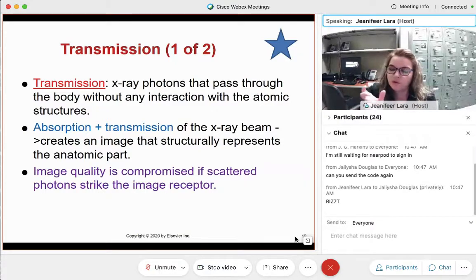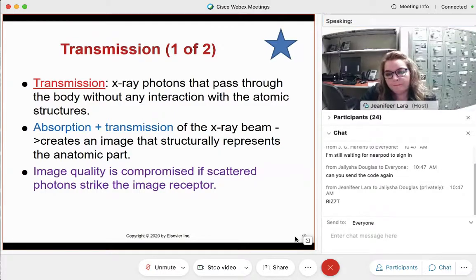It could be one of the lower end of the diagnostic range photons. So a lower keV as long as nothing is blocking it. Makes sense? So transmission are the X-rays that make it all the way through to the image receptor without, let's be specific, without doing what?